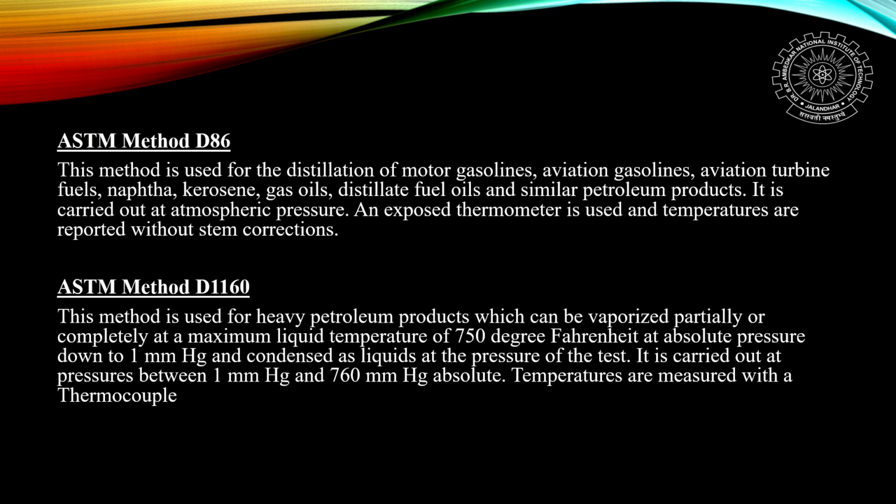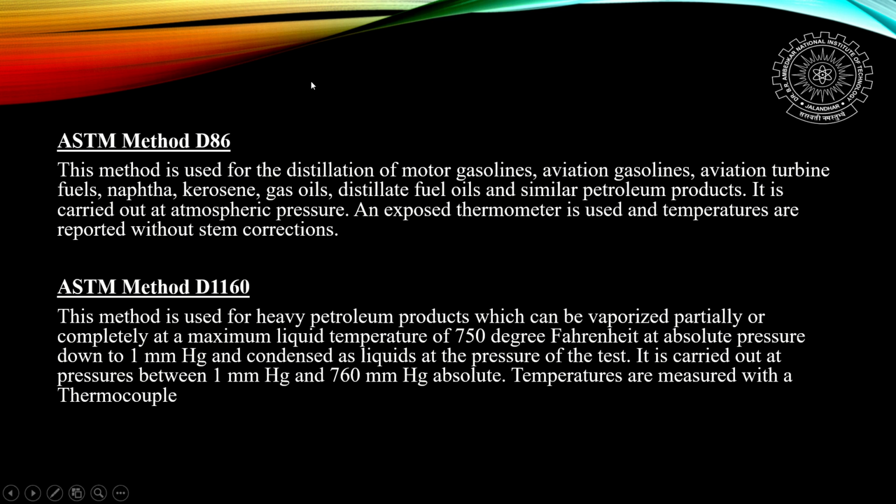Now, I have told you earlier that we basically use only two methods, that is D86 and D1160. So first of all, the D86 method is basically used for motor gasolines, aviation turbine fuels, naphtha, kerosene, gas oils, and similar petroleum products, and it is carried out at atmospheric pressure.